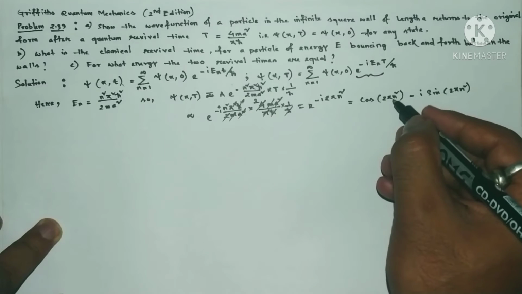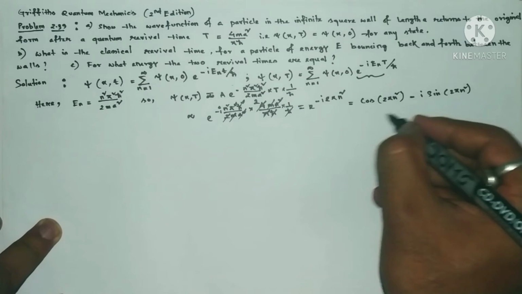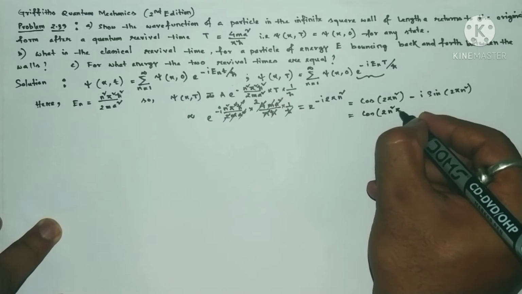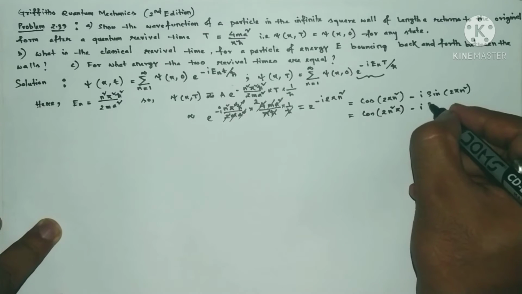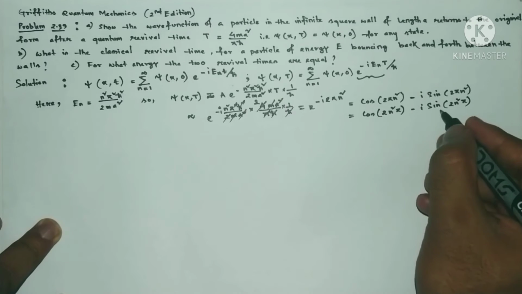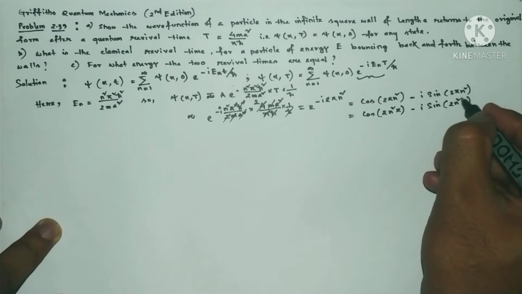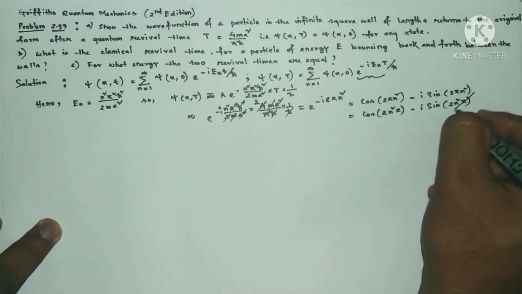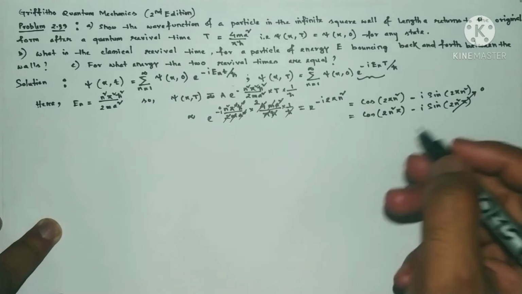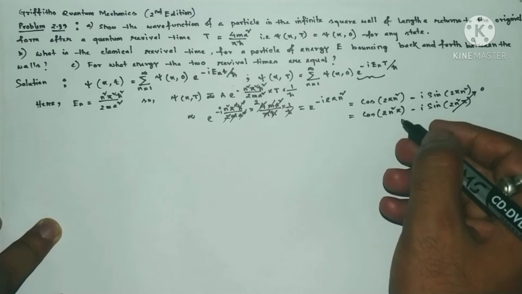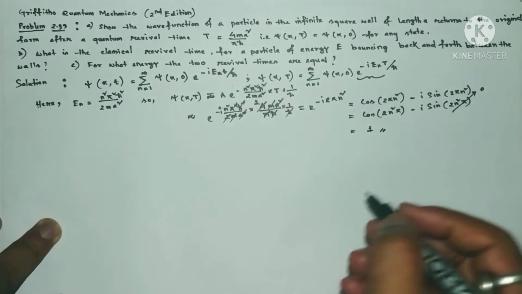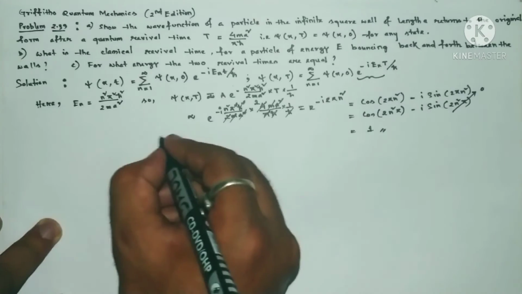So we can write it as cos(2n²π) minus i sin(2n²π). The sine of an even multiple of π will be 0, and the cosine of an even multiple of π will give you 1, right?